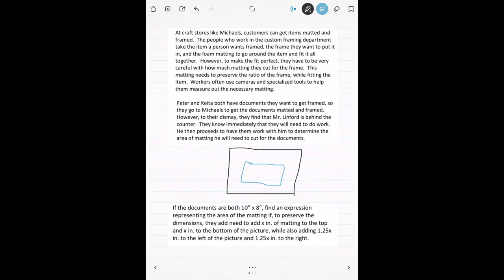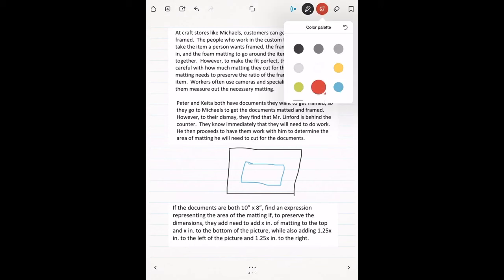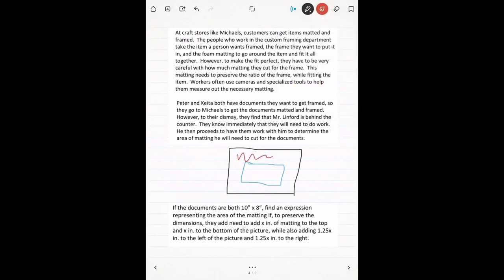And then we're going to say, let's reserve this space around it to put matting. What matting would do is it would act as a little spacer in between the frame and the document itself. And they're different colors, so it makes it look a little more dramatic or interesting. So that's the idea with the matting here.